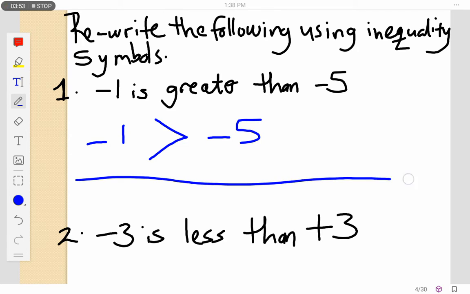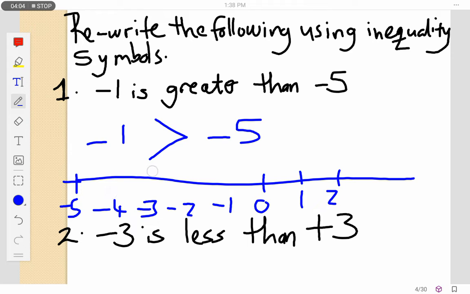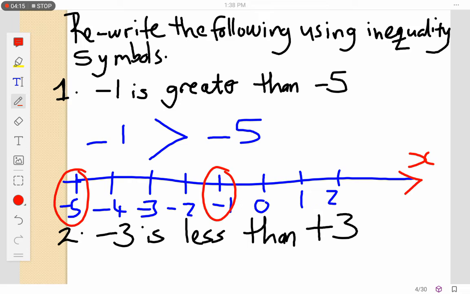Even if we are to check on a number line of 0, 1, 2, -1, -2, -3, -4, -5, you find out on this number line that I've drawn, our -5 is here and our -1 is here. So going on our x-axis there, our -1 is greater than -5.